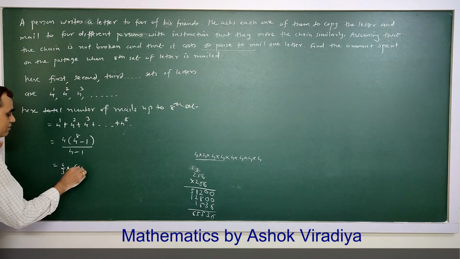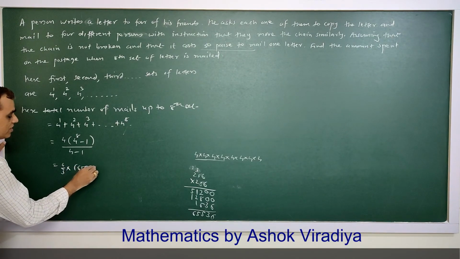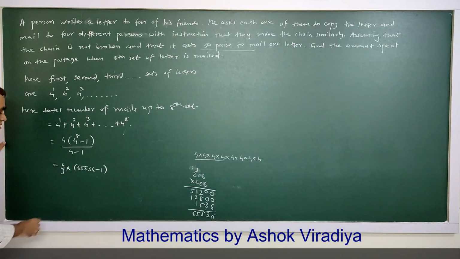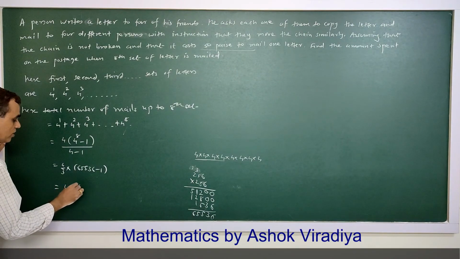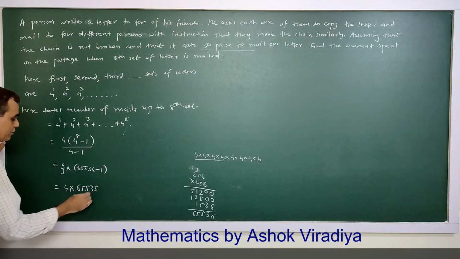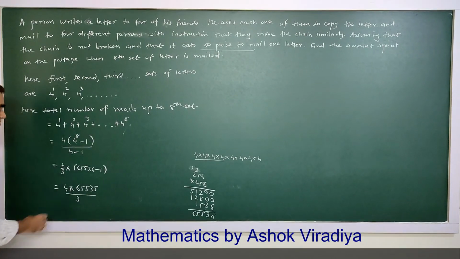So this is 65,536 minus 1. So this is 4 into 65,535 divided by 3.